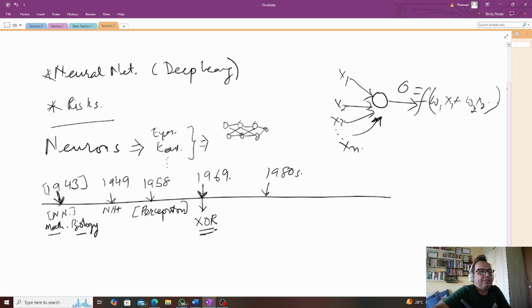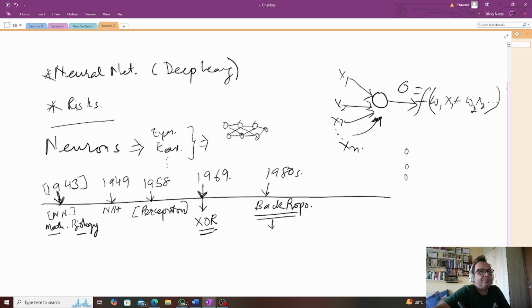In the 1980s, something called backpropagation came into existence. A neural network is a combination of perceptrons arranged in layers.